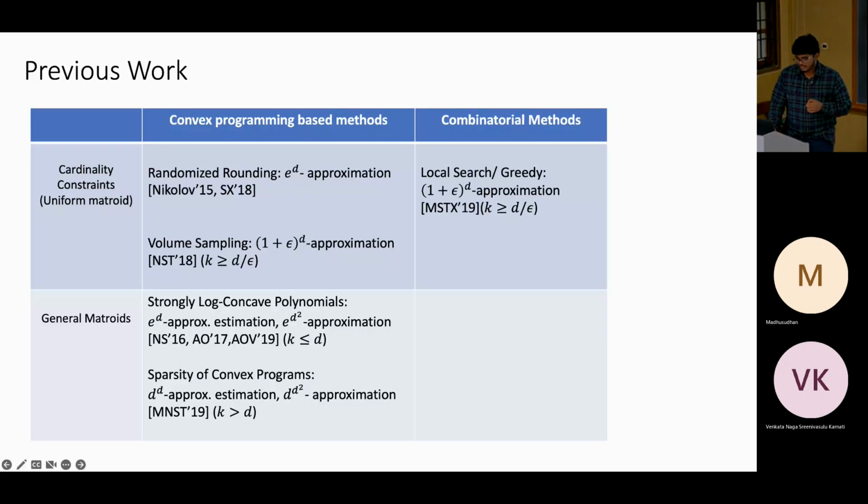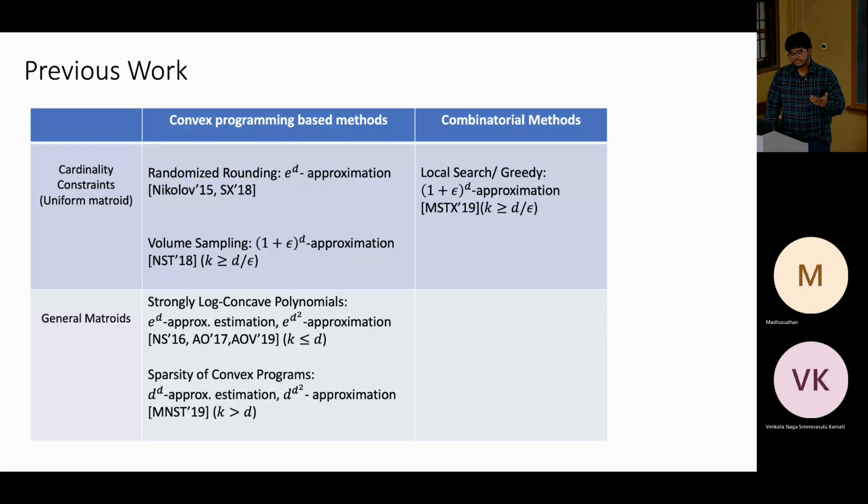Using convex programming and the literature on strongly real stable polynomials, we can get an e to the d approximate estimation. What that means is I'll solve a convex program and get a fractional solution, and the value of that will approximate the actual value, but I'll not get a solution.